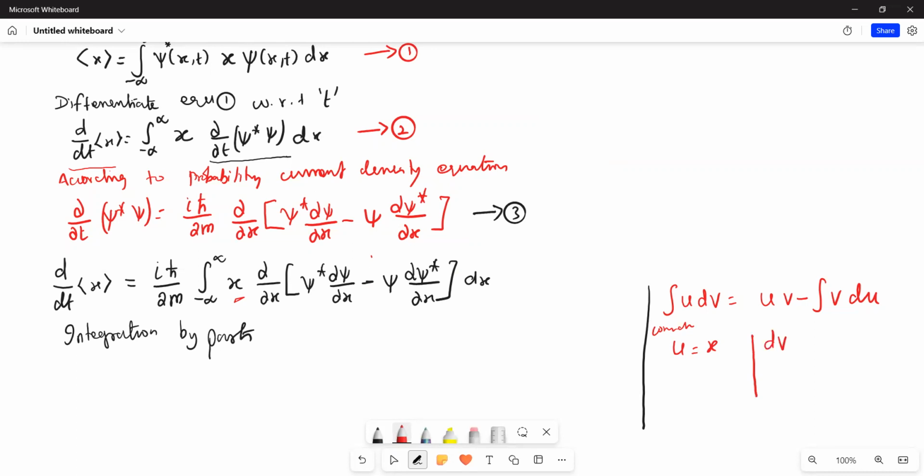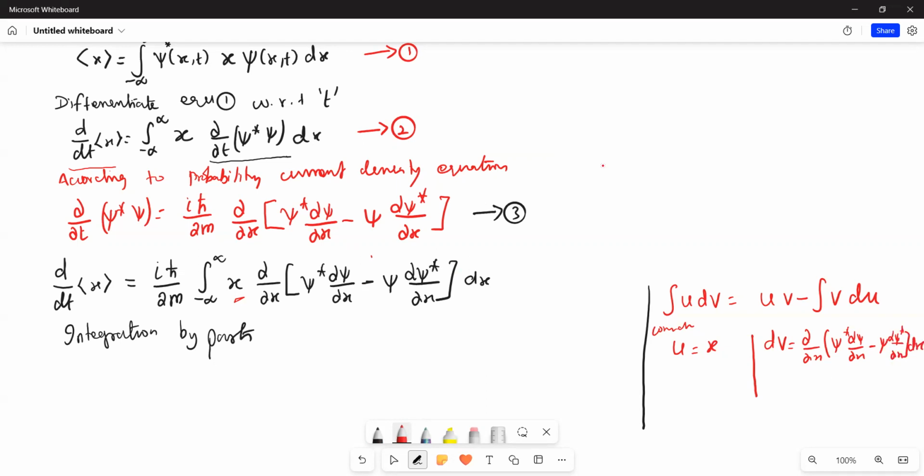So dv is equivalent to dou by dou x bracket psi star dou psi by dou x minus psi dou psi star by dou x into dx.